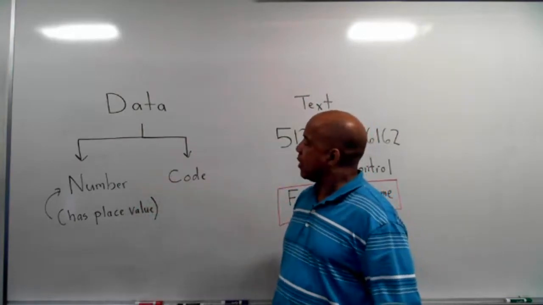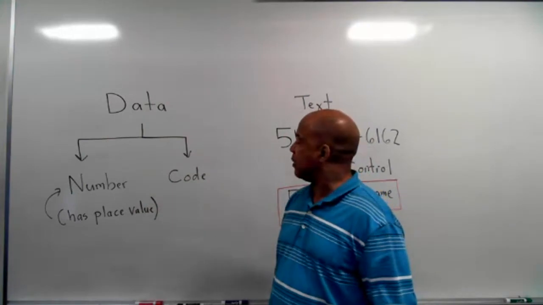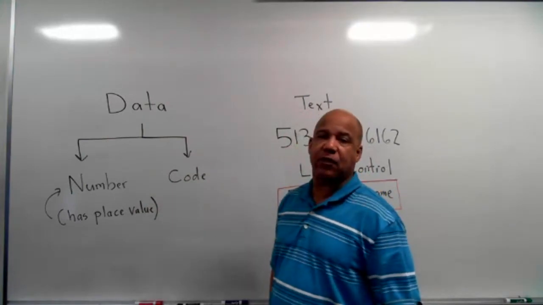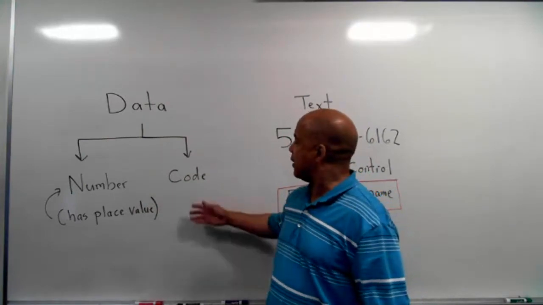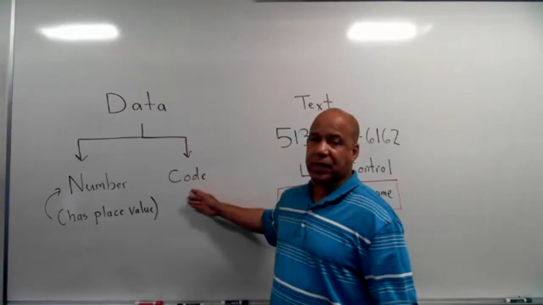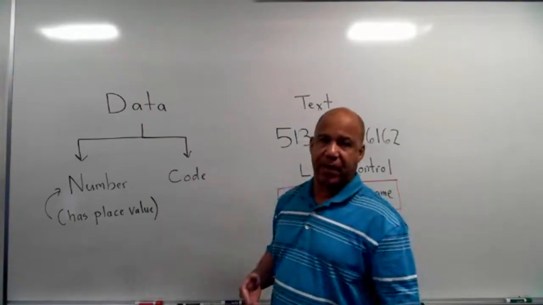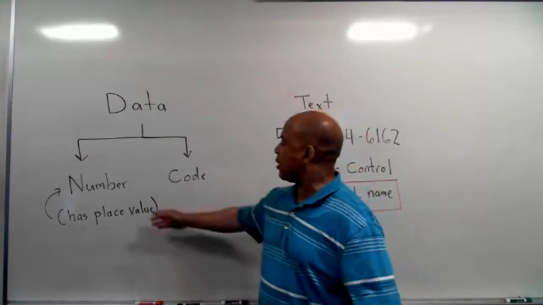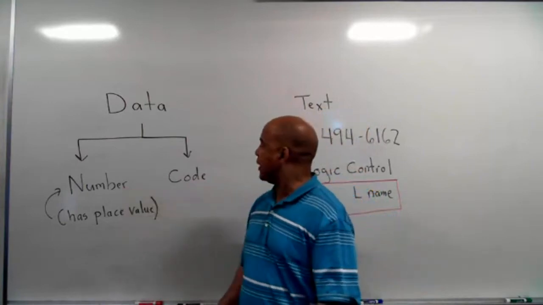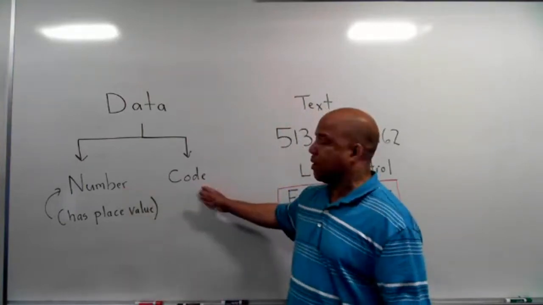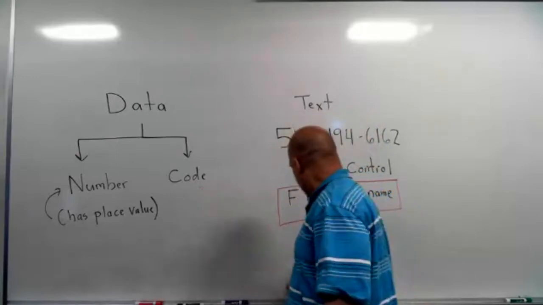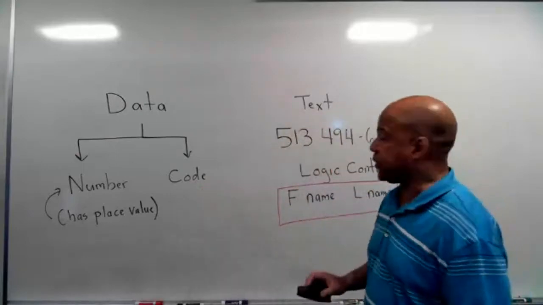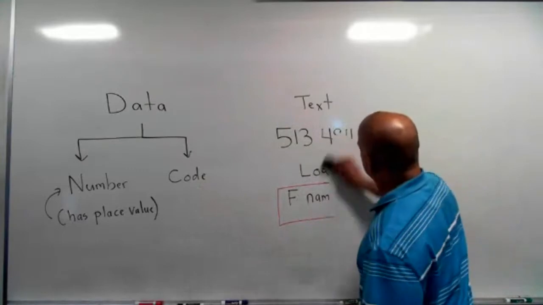Numbers have place values. Codes may or may not have place value. They could have place value, or they could represent the data by the sequence of bits. So today I want to talk about number systems, and then later in the week we'll talk about codes. I want to start by talking about general number systems.